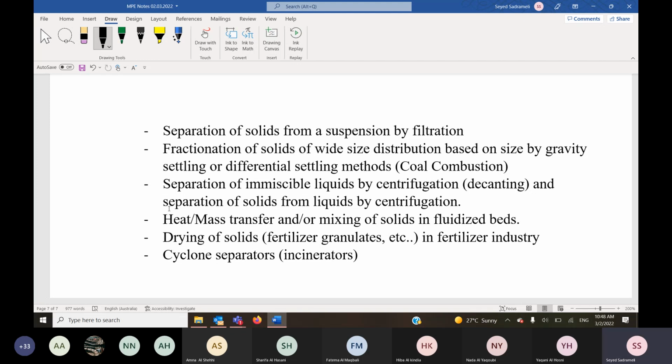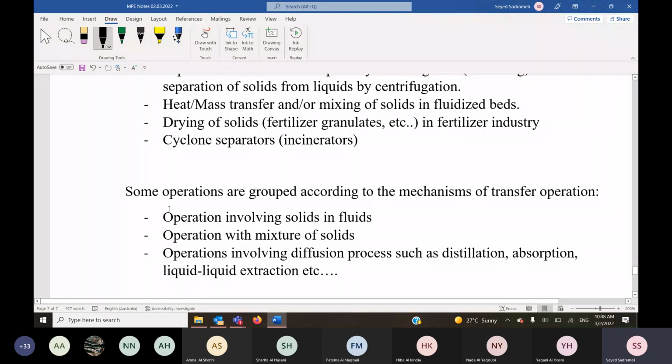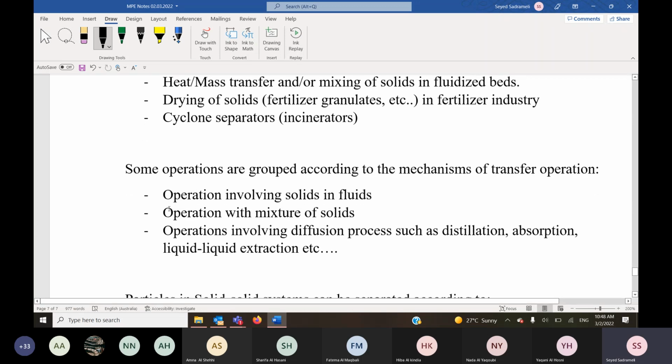Some of the unit operations are grouped according to the mechanisms of transfer operations: operations involving solids in fluids, operations with mixtures of solids, and operations involving diffusion processes such as distillation, absorption, and liquid extraction.